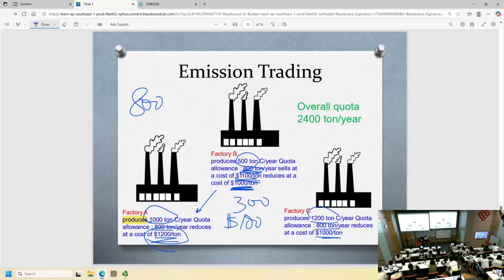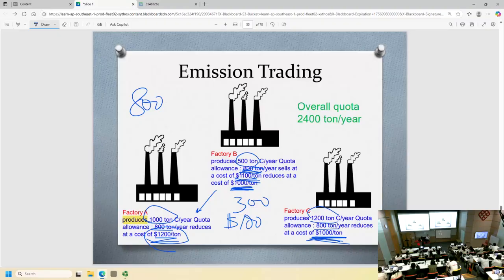And for factory C, they produce 1,200 and the allowance is only 800. So they have to reduce 400 tons. Either they reduce themselves, spending this amount of money, but they may have some limitation.